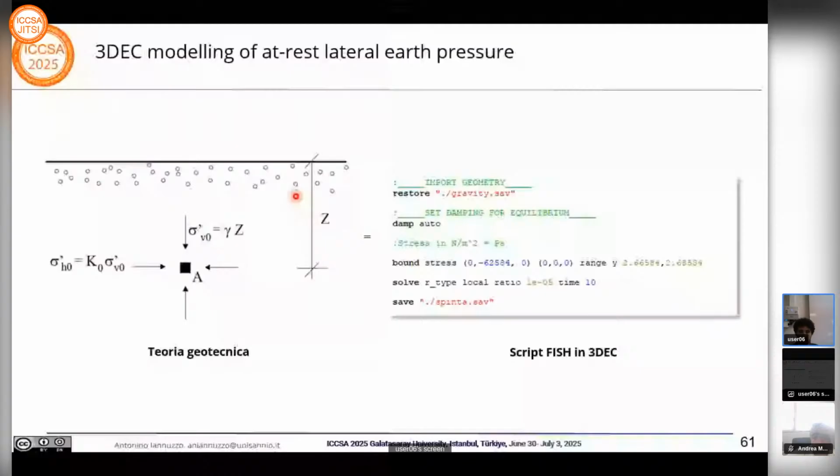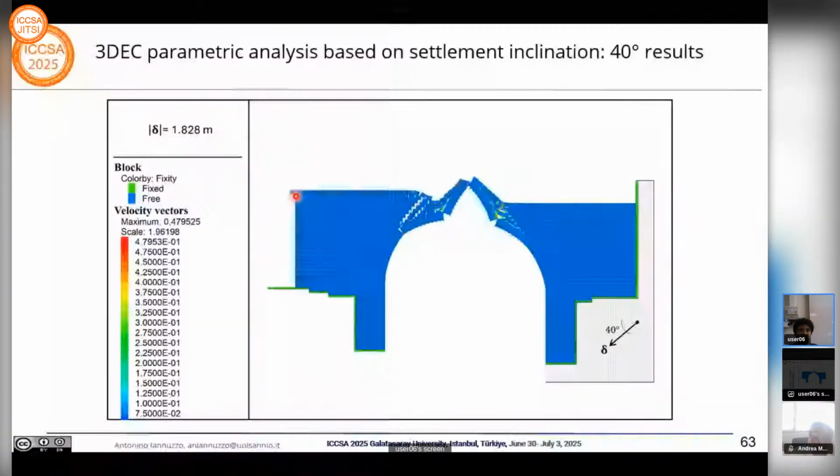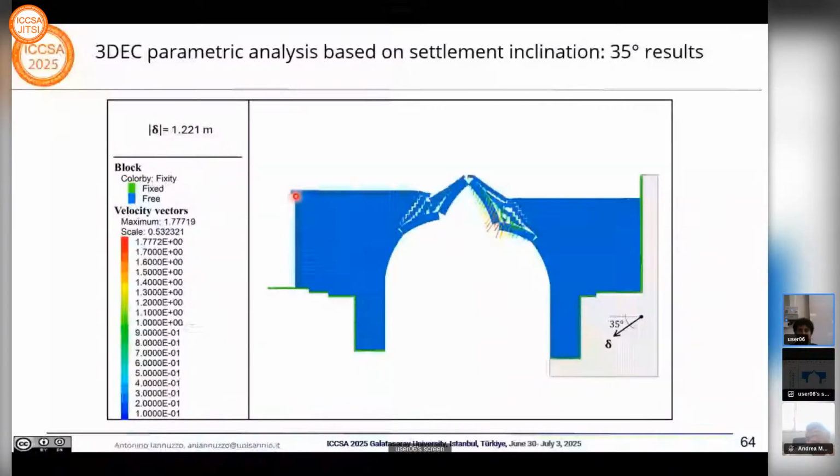What we did essentially was a parametric analysis, considering different inclinations of the foundation segment, like this: 40, 50, 30, 35 degrees, until the collapse. Here on the upper left you may see the collapse displacement.